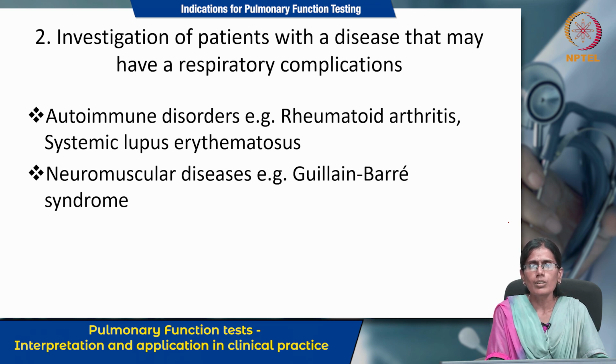So we have to assess the respiratory muscle function periodically to find out weakness as early as possible. If there is respiratory muscle weakness, we have to intubate the patient and mechanically ventilate. So what are the investigations you are going to do? You are going to assess the vital capacity, maximum inspiratory pressure and maximum expiratory pressure.